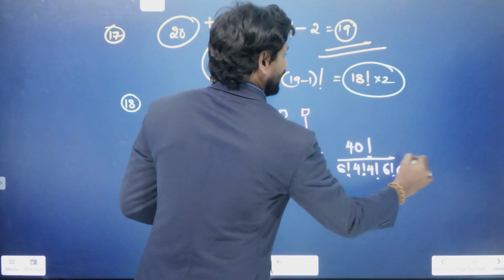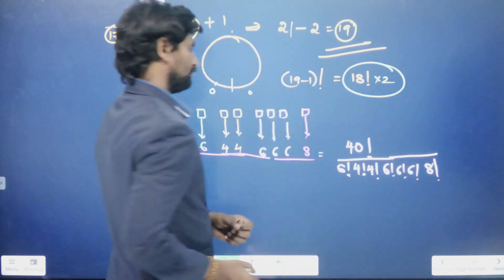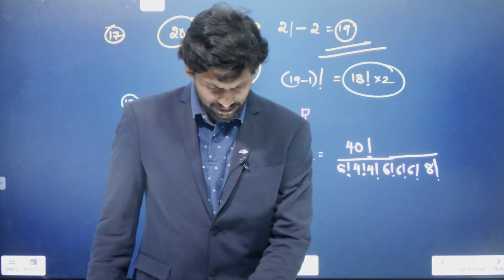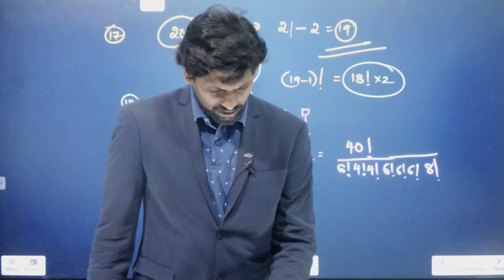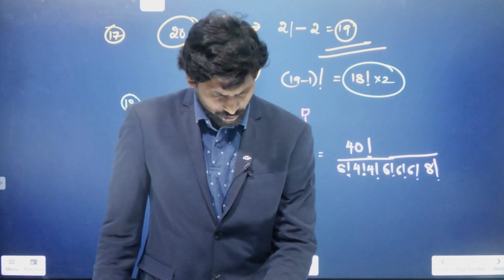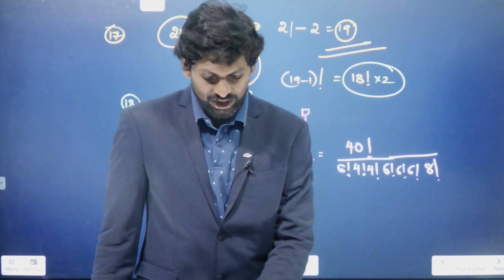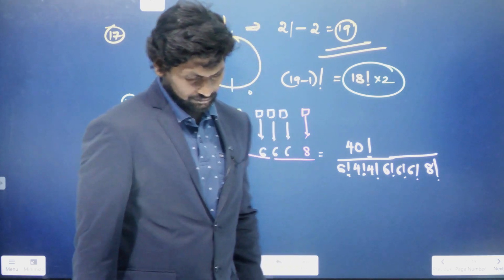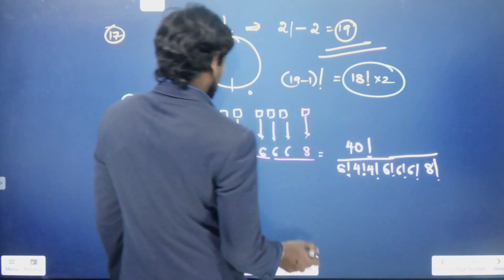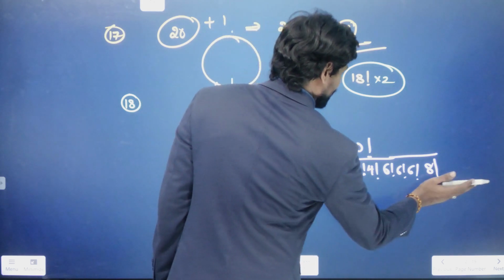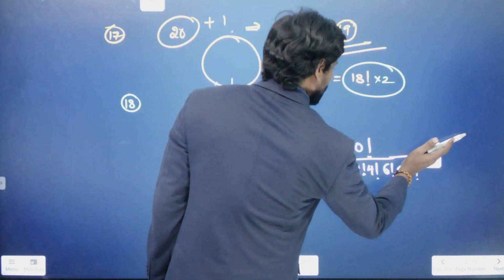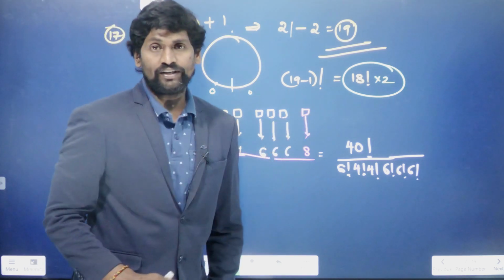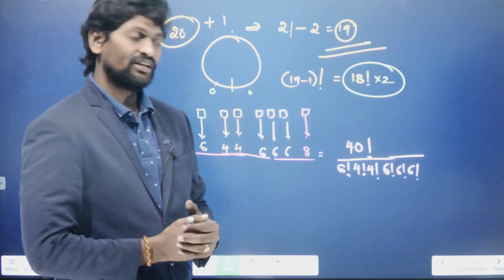Each of the 8 books has a single copy, so they add nothing. Total number of books is 40, so we can arrange them in 40 factorial.